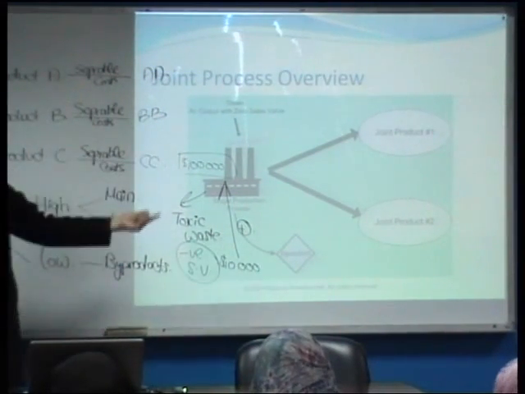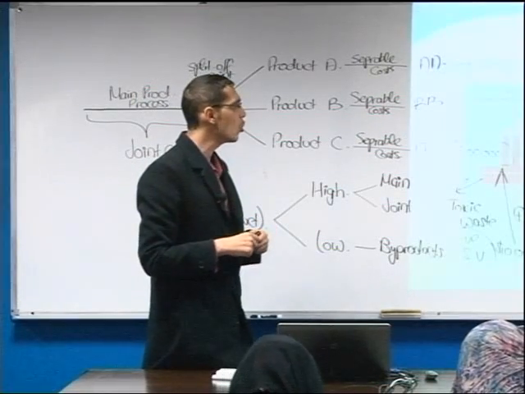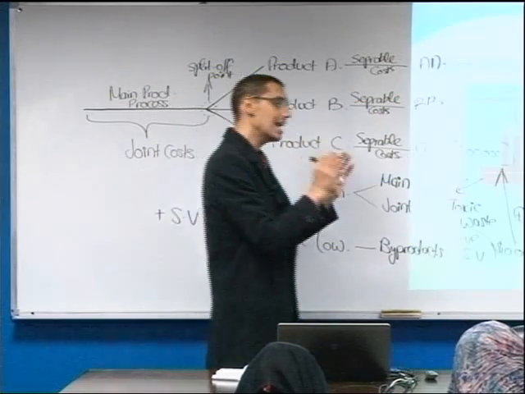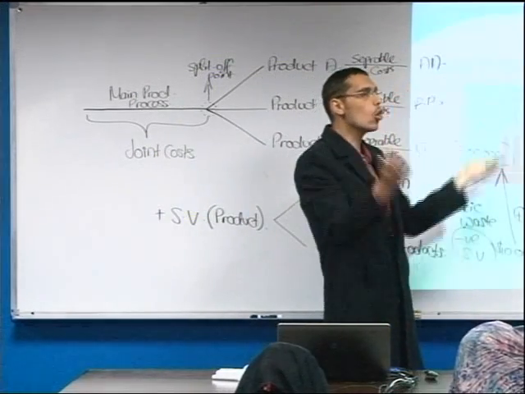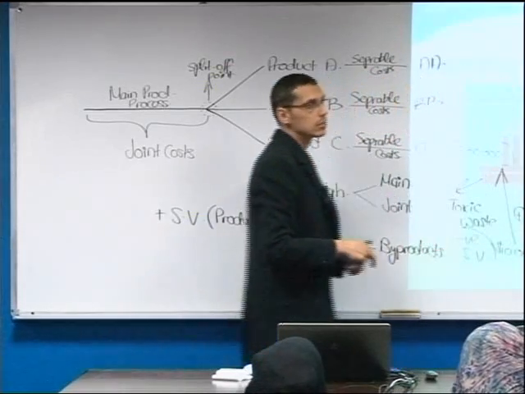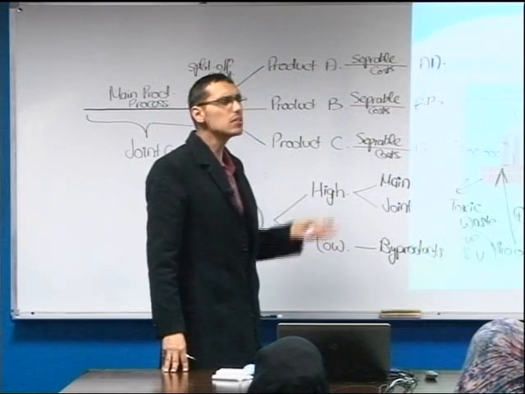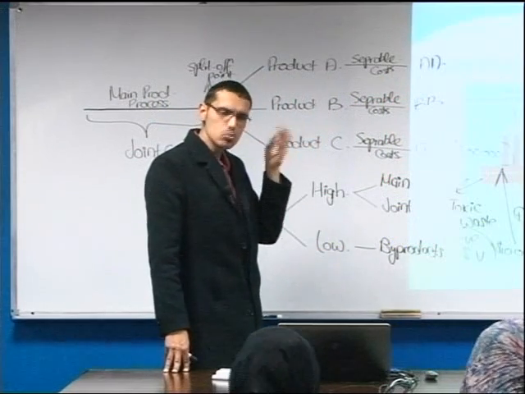Therefore, we need to add the negative sales value onto the joint costs in order to allocate this total cost onto the joint products and the byproducts. In the same manner, yes, in the same manner.